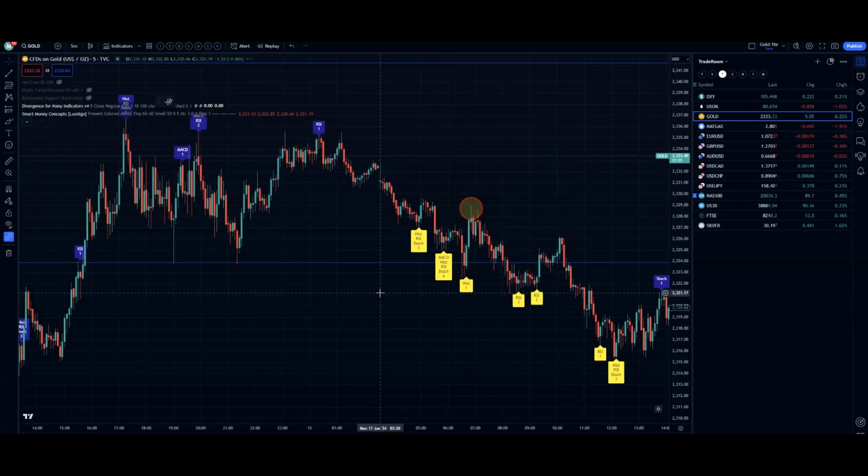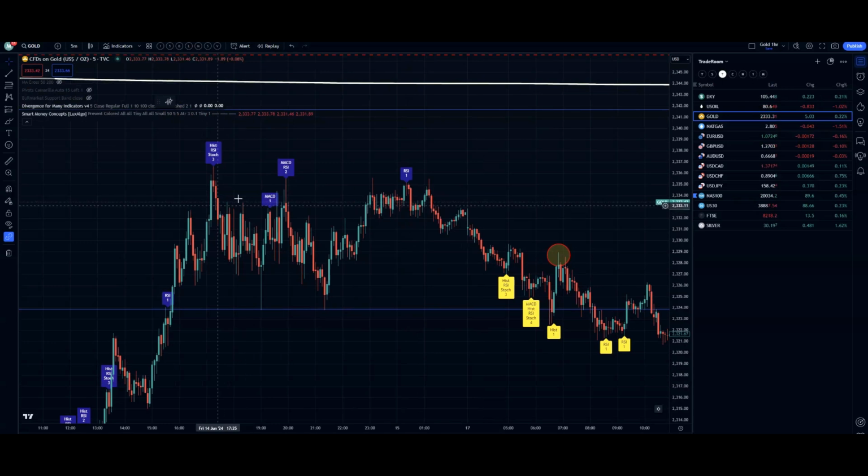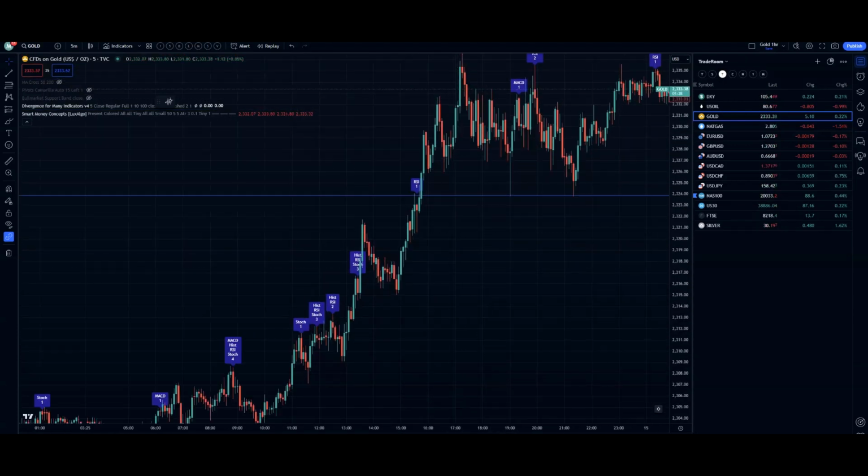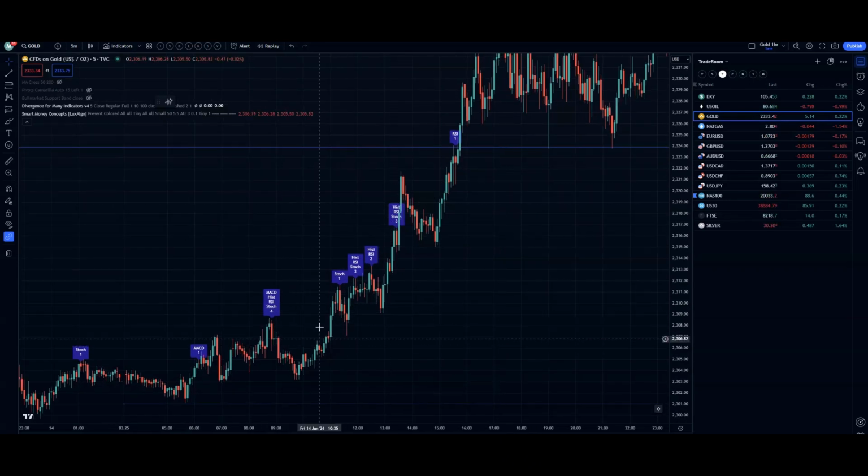If we go back, we are getting a lot of divergences at that 2335 area. Three times we are getting that divergence, and all these times it is making $5 to $7. And these can only be taken in key areas, not in these mid areas, so these do not matter.